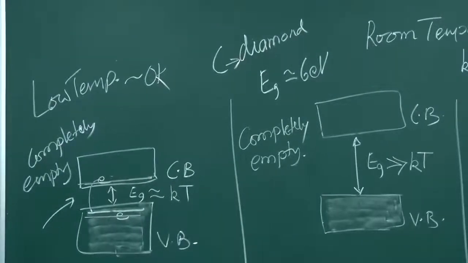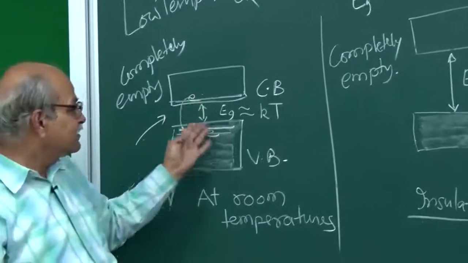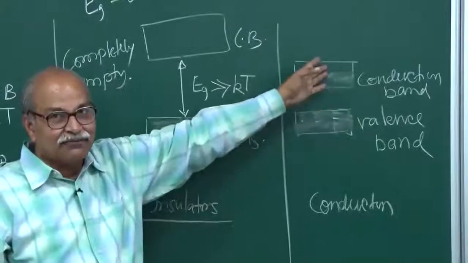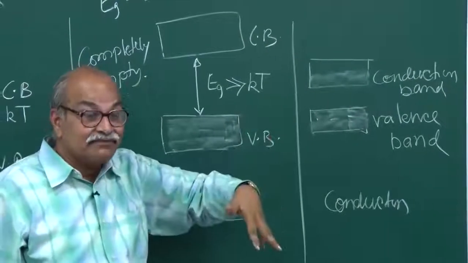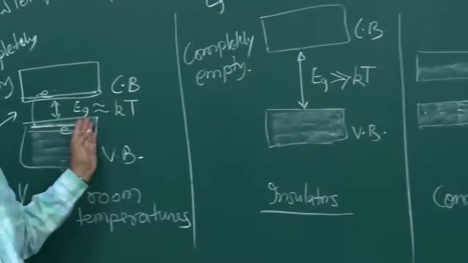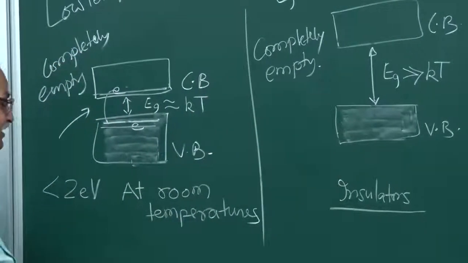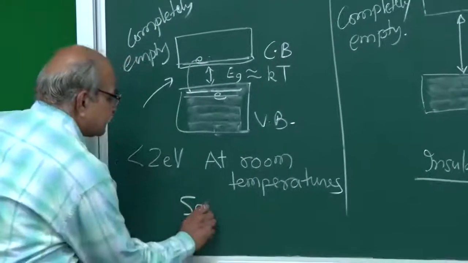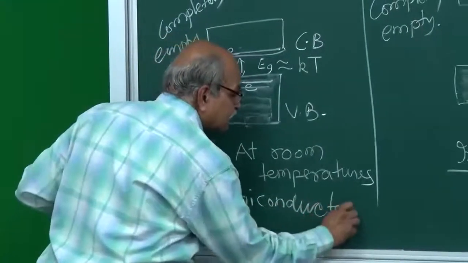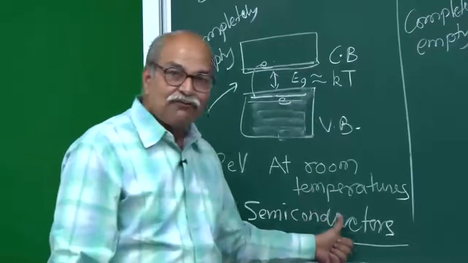Of course, the number of electrons here or the number of vacant states here is still very small as compared to the conductor case, and therefore the electrical conductivity will be very, very small here as compared to a conductor, but as compared to an insulator, it is very, very large. That is why it is called a semiconductor. These kinds of materials are called semiconductors, and that is what we are going to focus on now.